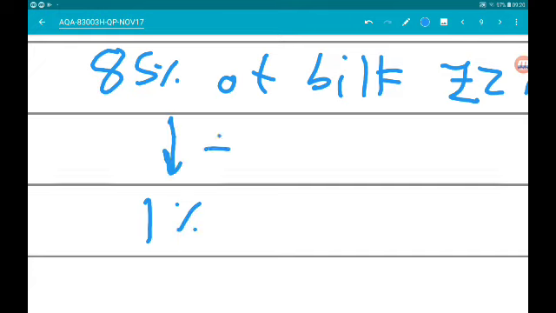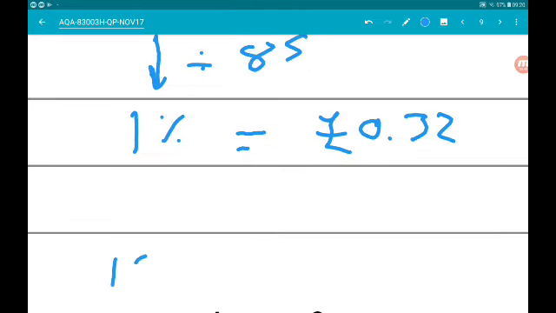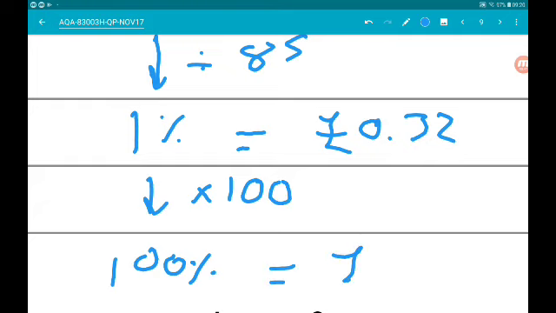So we're dividing by 85. So 27.20 divided by 85 is, bear with me, 32p. So £0.32. Then to get 100%, we multiply by 100. So we're going to get £32. Cool.